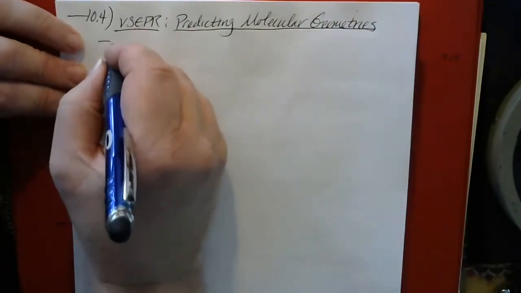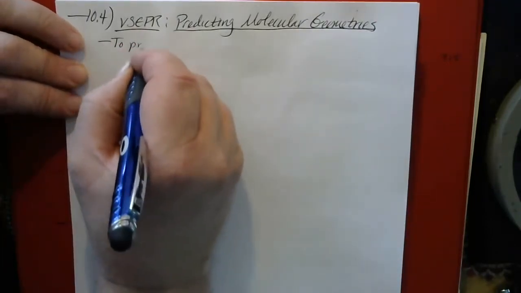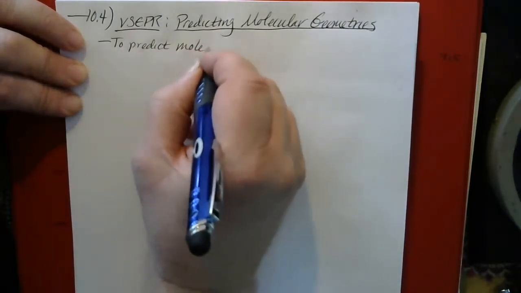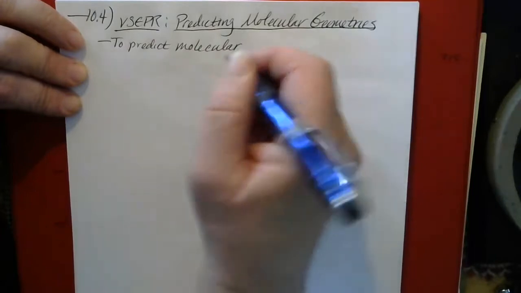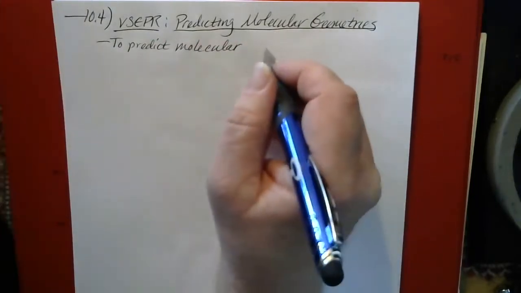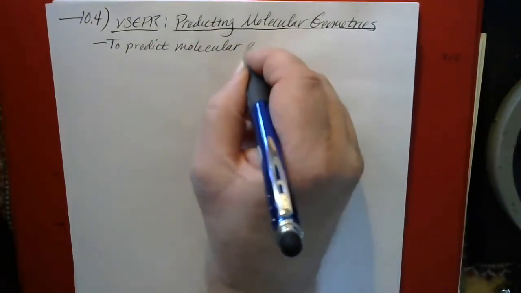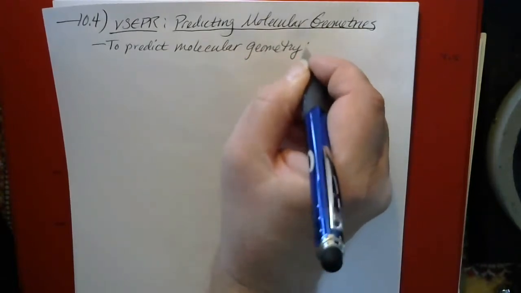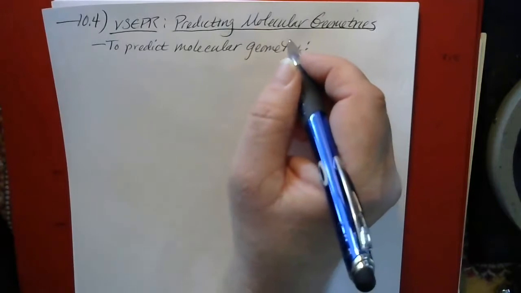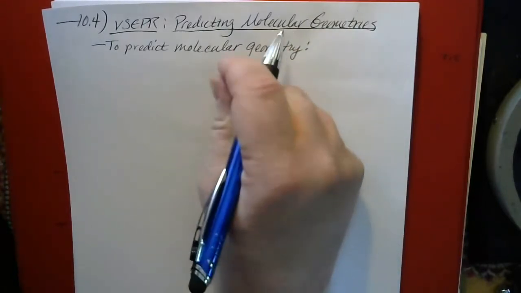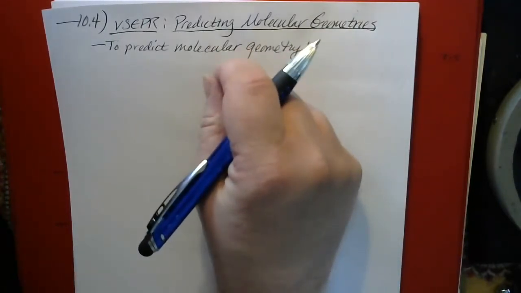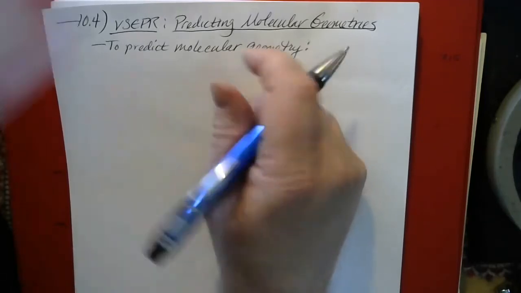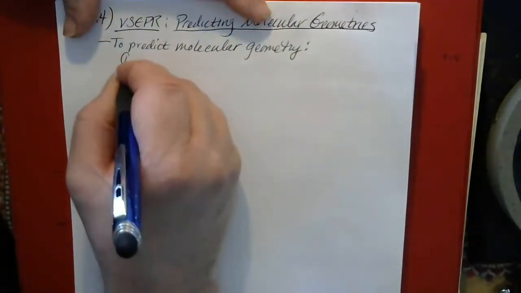And there are certain steps that you need to use if you want to predict the molecular geometry of a molecule. And as long as you use those steps in the correct order, then you should be okay, at least with the kinds of molecules that we're likely to encounter in this class.